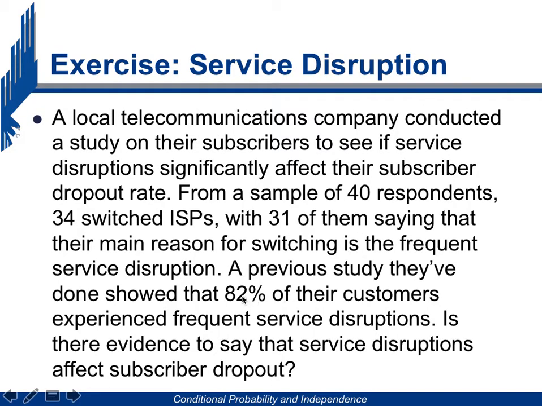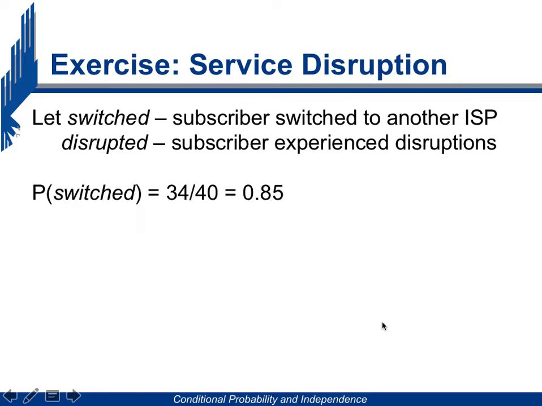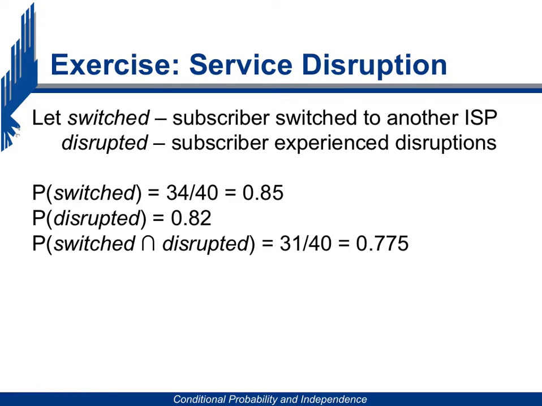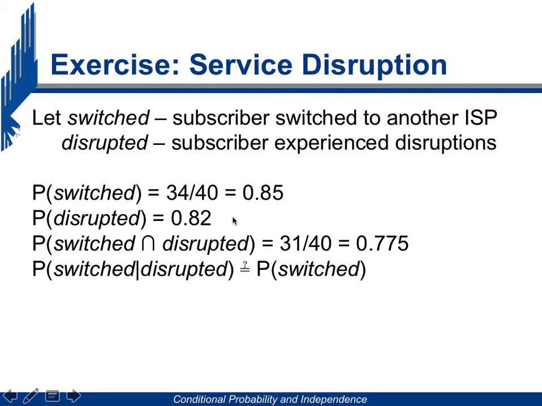And then finally, 0.82 is the proportion of those who experienced frequent service disruptions. So again, that's P of disrupted or 0.82. Now, to check for independence, again, we'll just have to check any of the two equations. For the first equation that we can check, P of switched given disrupted should be equal to P of switched.